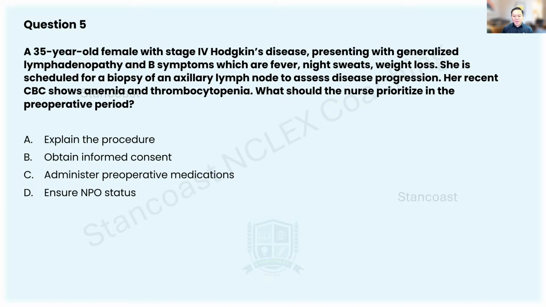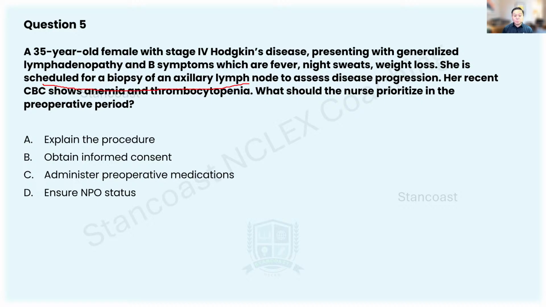Okay, so our patient here has stage 4 Hodgkin's disease with generalized lymphadenopathy and B symptoms. So the patient this time is scheduled for the biopsy of the axillary lymph node to assess the disease progression. So what should the nurse prioritize in the pre-op period before the biopsy of the axillary lymph node?